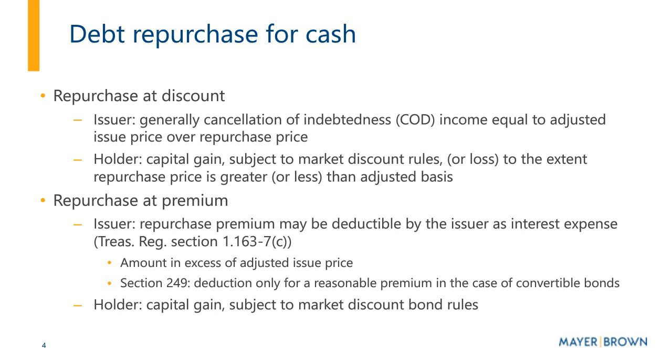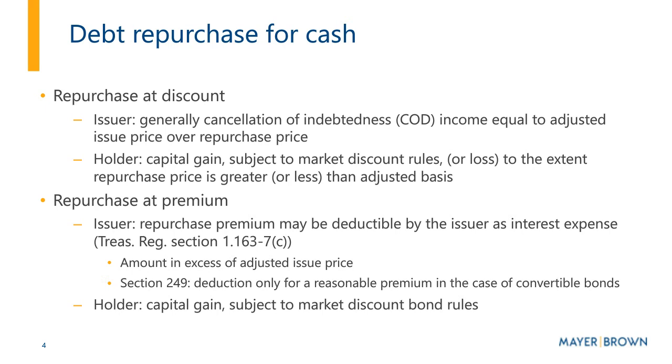The only caveat there is a weird code section 249. So that's the Internal Revenue Code. If you buy back a convertible bond that you issued, or your subsidiary issued, or your parent issued, then you can only deduct as interest something called a reasonable repurchase premium.